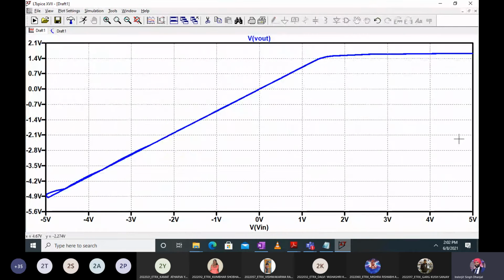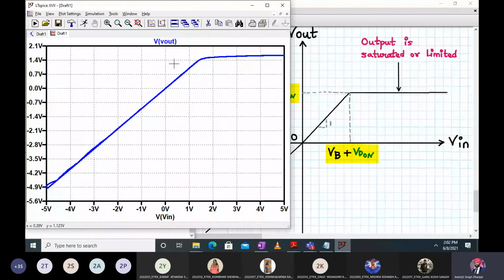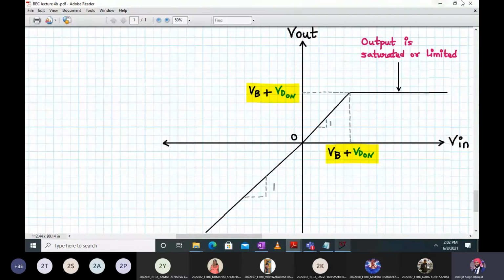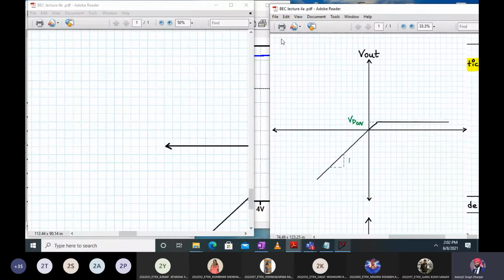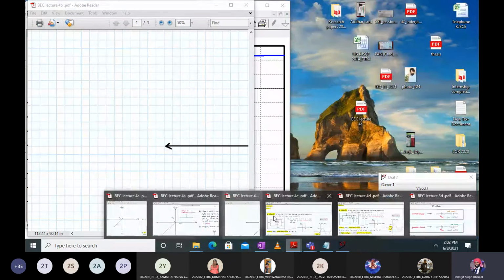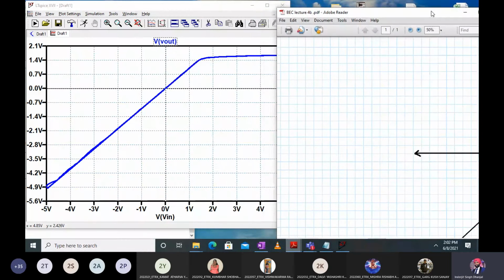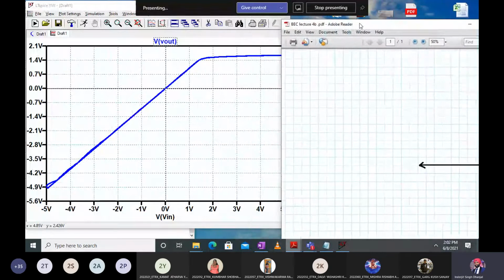So see, the VTC curve is going up. This is my zero line. See, the VTC curve is going up. Let me show it to you. This left hand side and right hand side, we are getting the same. Let me close this. Just a minute, I am adjusting this.